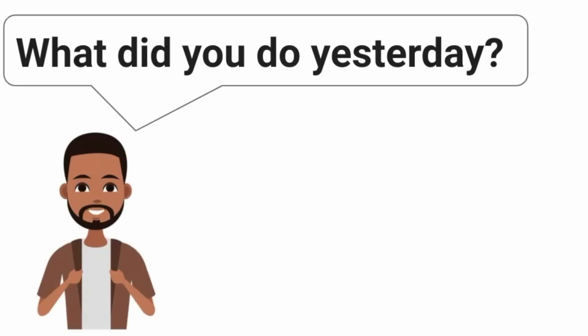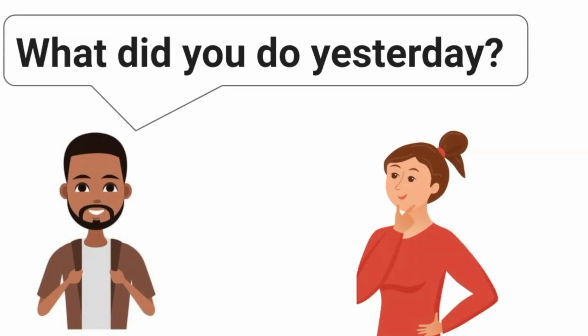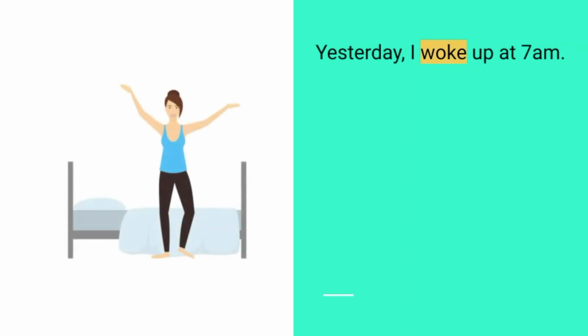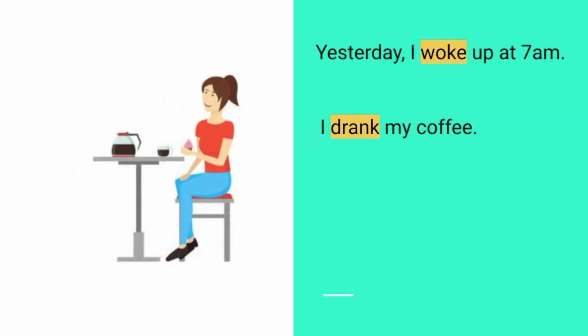Awesome work, everyone. Let's review the story from the beginning of this lesson. Pay close attention to the pronunciation and to the regular and irregular verbs. What did you do yesterday? Yesterday, I woke up at 7 a.m. I drank my coffee. Then I drove to work.